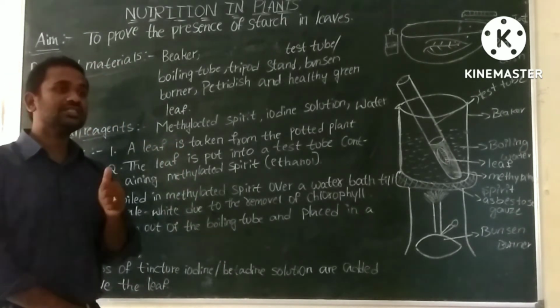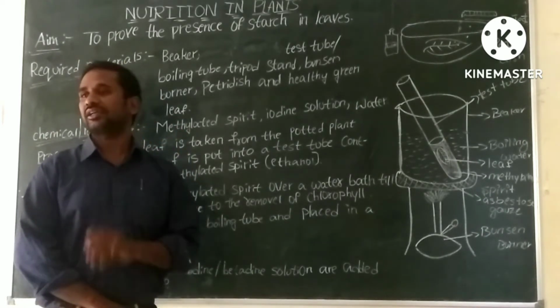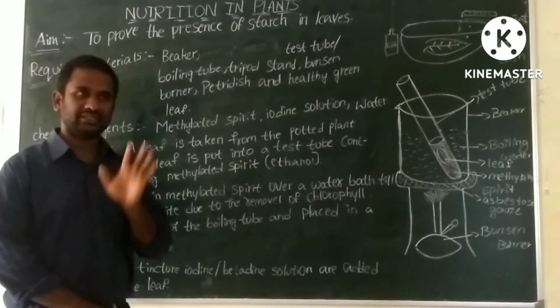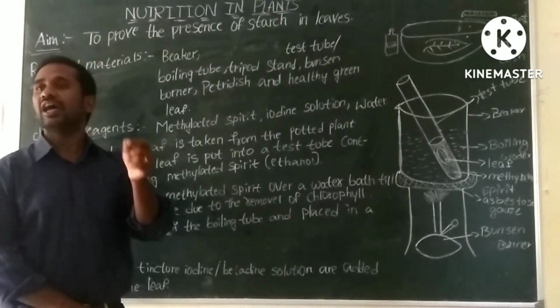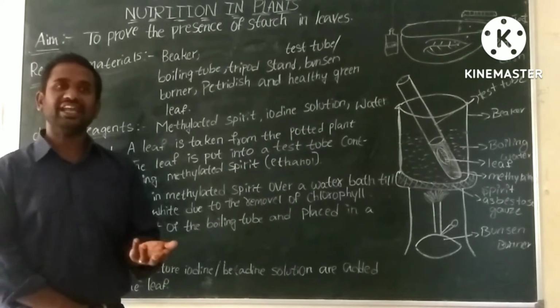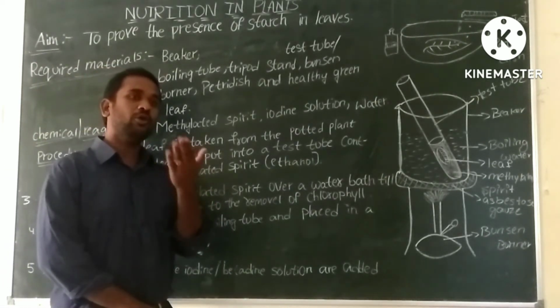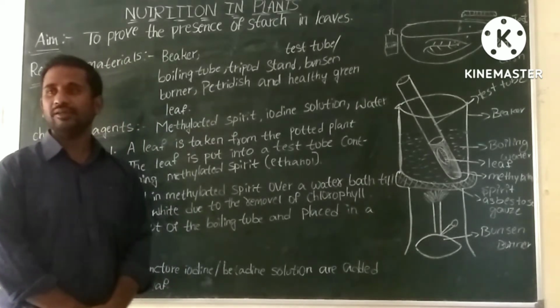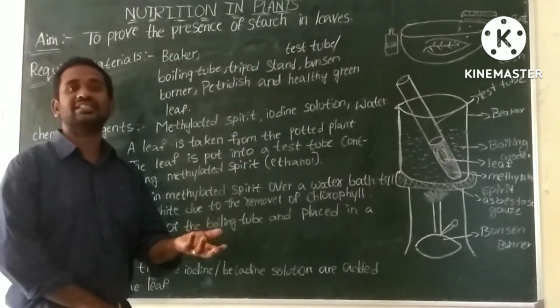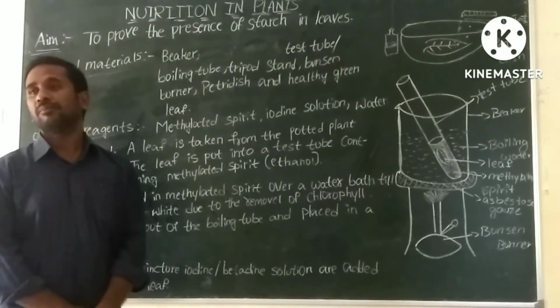Why? Why do we need a pale color leaf? Because it gives a good result. If you perform the iodine test on green leaves, you cannot get a visible blue-black color. If you turn it pale, you will get a prompt and visible result.